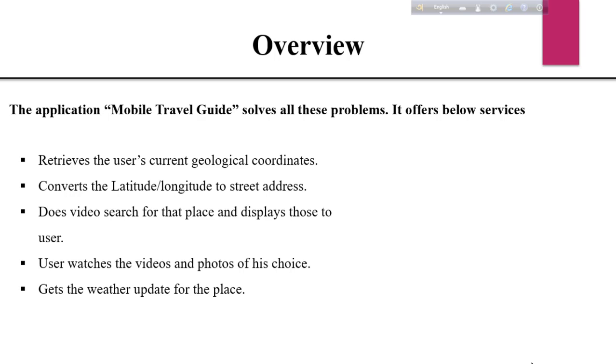User can watch the videos and photos of his choice. If you want to know about something or want to see something of a specific place, you can use my app. Then the user gets the weather update from my application.